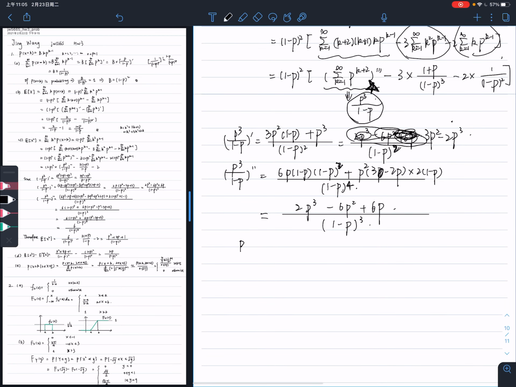So the third order differentiate of the function is (1-p)^6.